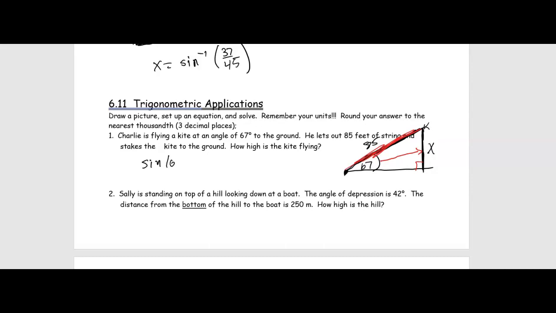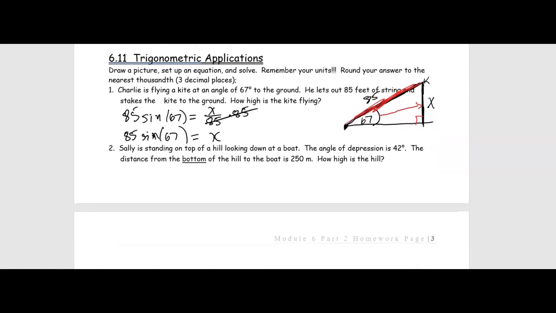So we do the sine of 67 degrees. The opposite side is your X. The hypotenuse is 85. We would solve this by multiplying both sides by 85, so that the 85s would cancel. And then this is your answer once you throw that into your calculator: 85 times the sine of 67 degrees.